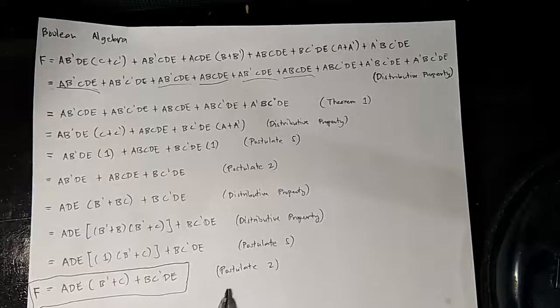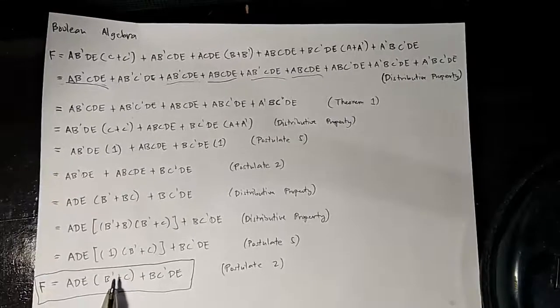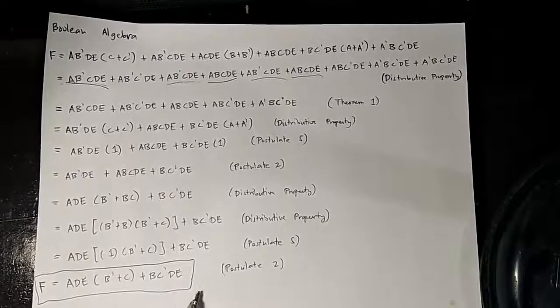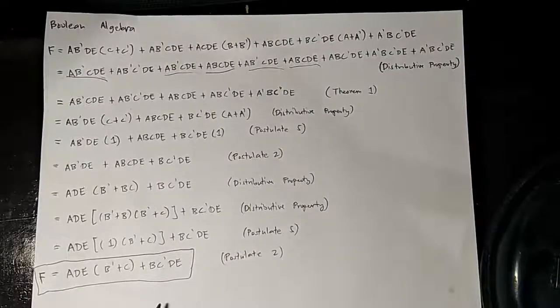And according to postulate 2, x ANDed by 1 is x. So this term ANDed by 1 is that term. So the final answer, or the simplified form, is ADE and B' or C, or BC'D. That is the final function.